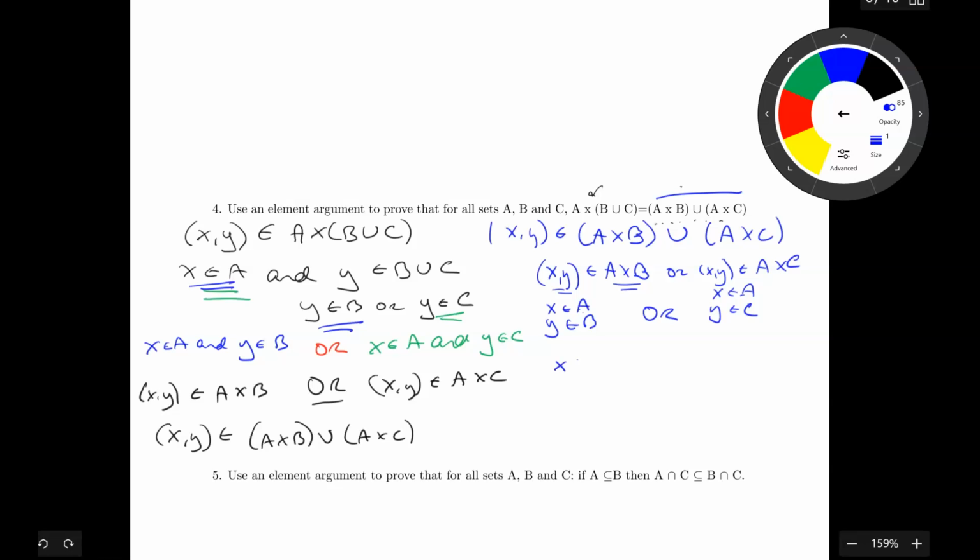So what that tells me is I've got x in A in both of them, and then y is in B or y is in C.